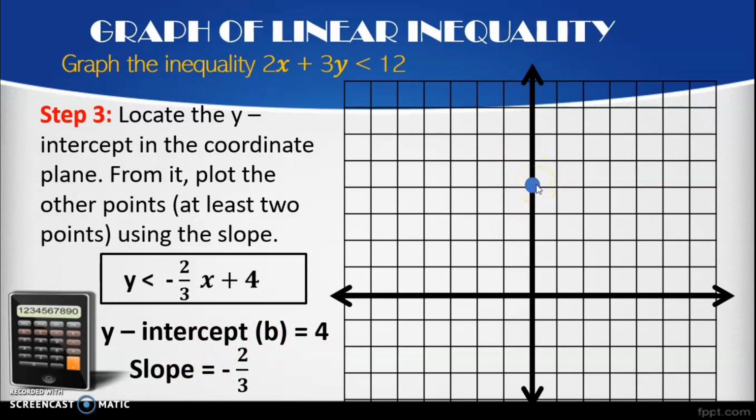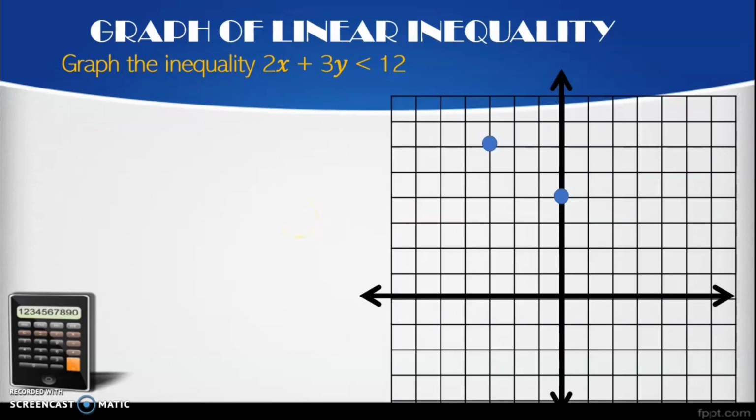Magsimula tayo dito na naman sa y-intercept natin. Our slope has rise of 2, then run of 3. So, 2 going up, 1, 2, then our run, since it is negative, we will go to the left. Going to the left, 3 units: 1, 2, 3. So, here is our second point.